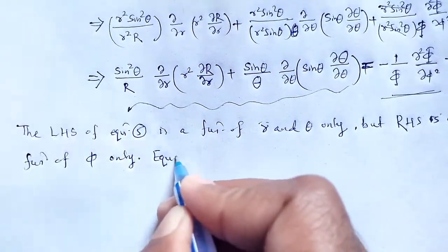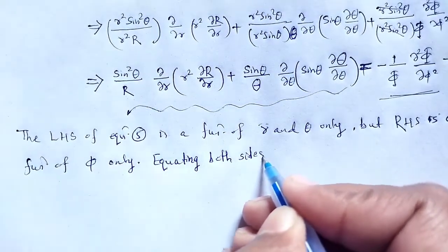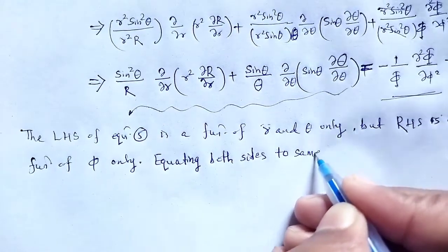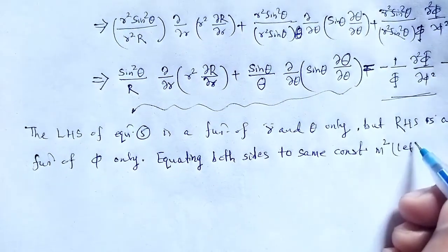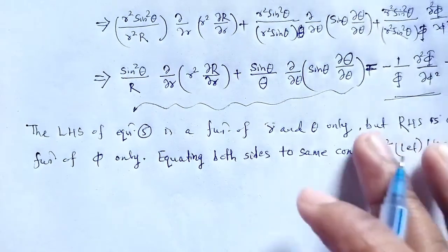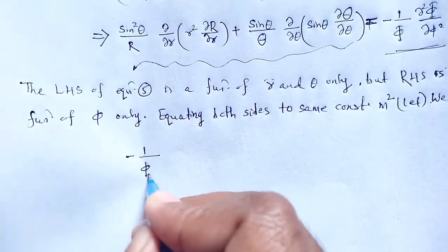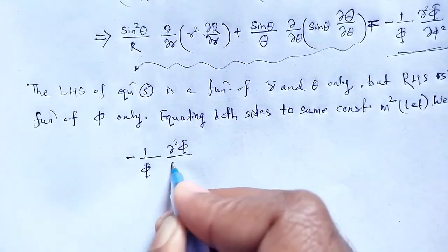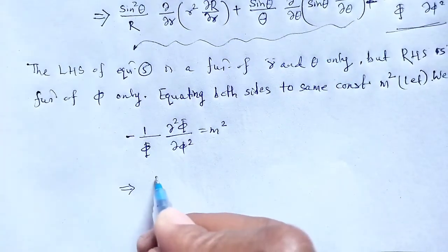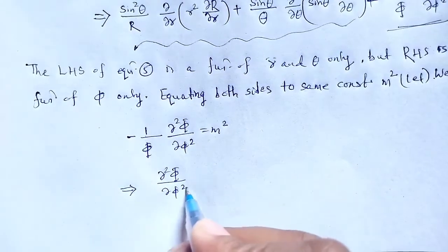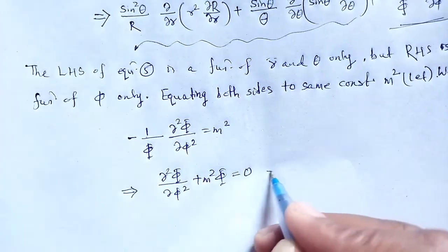Now equating both sides to the same constant m square, we get minus 1 by Phi del 2 Phi by del phi 2 is equal to m square, which implies del 2 Phi by del phi square plus m square Phi is equal to 0.